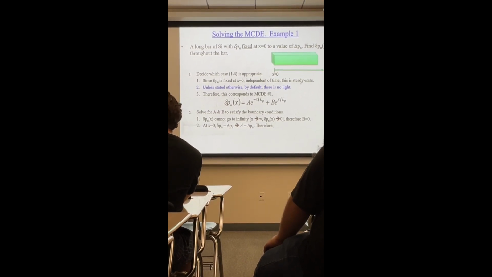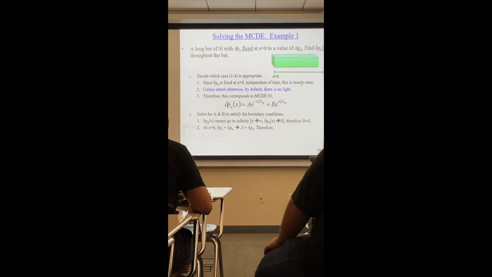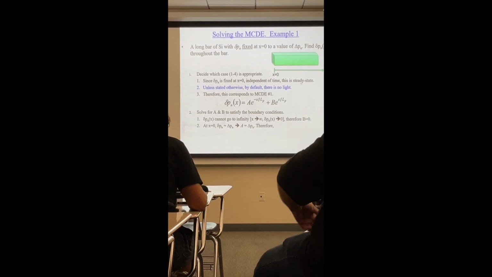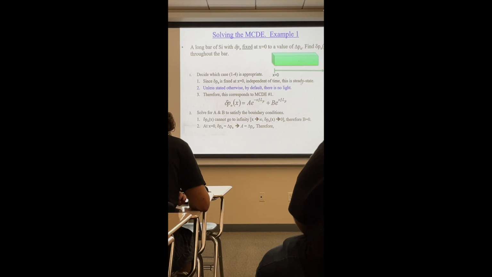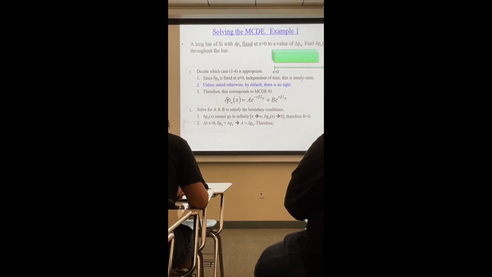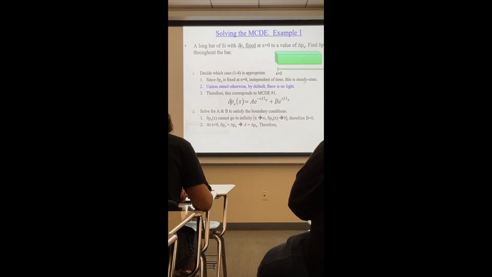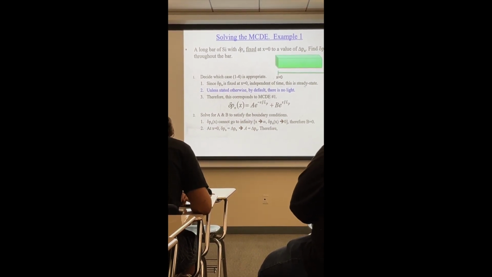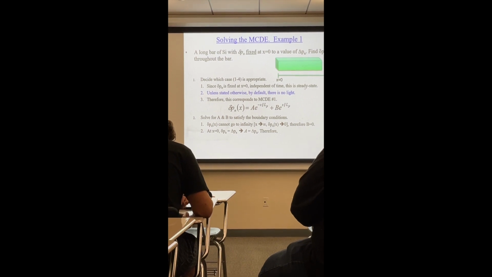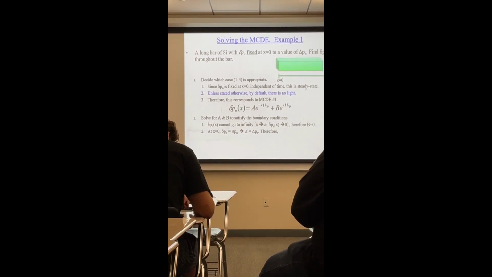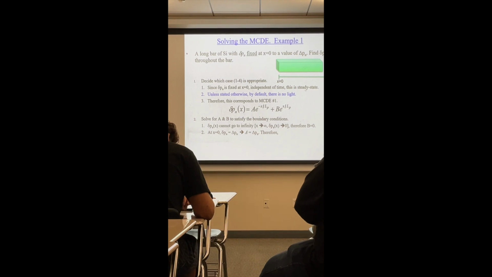So let's try to do it together. Okay, let's use this one first. For delta p sub n, we have a exponential of minus infinity over L sub p, plus b exponential of infinity over L sub p, equal to 0, right?